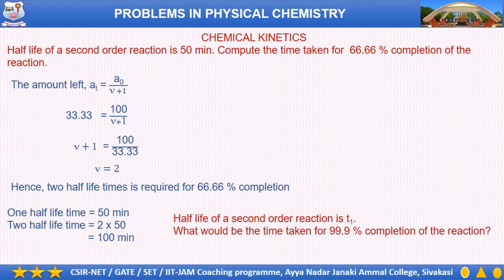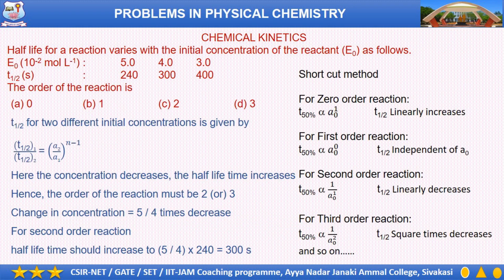If a percentage is given, 99.9, you can make use of this equation. Here, since half-life is given, this equation can also be made use of. Do it at home and take down the next problem.